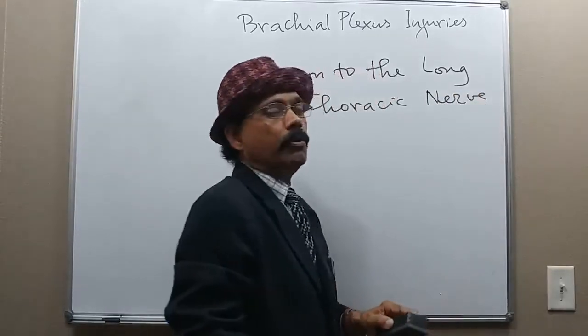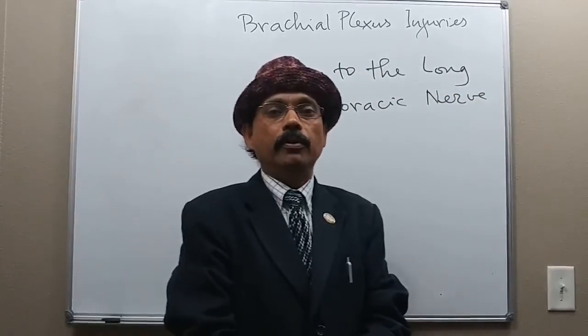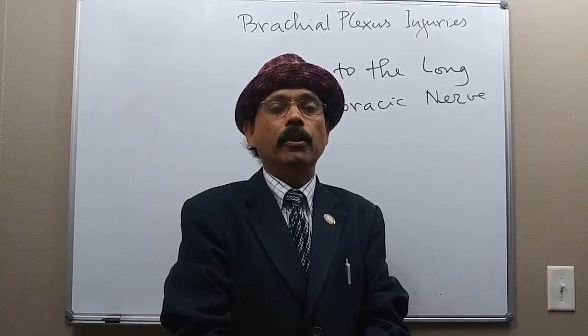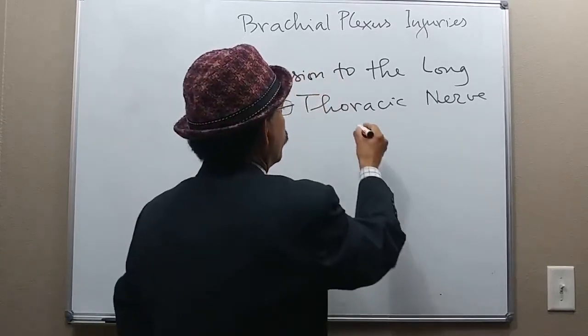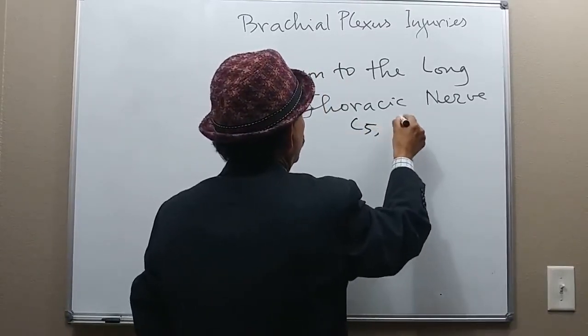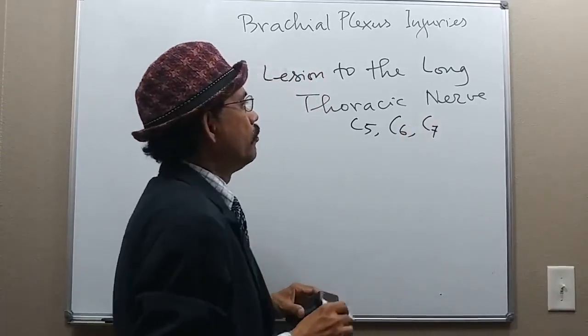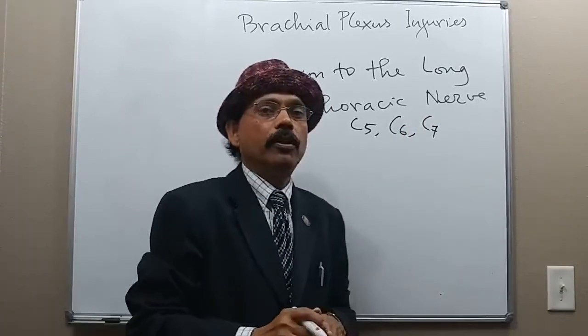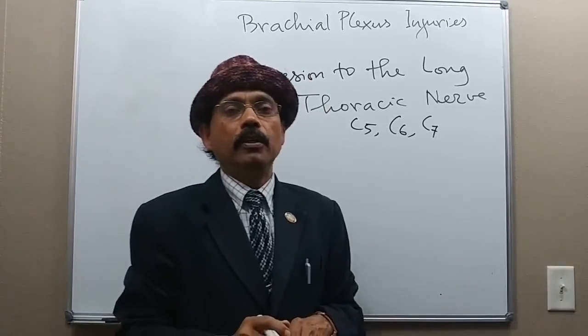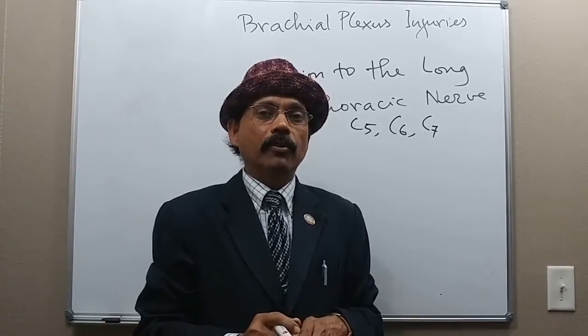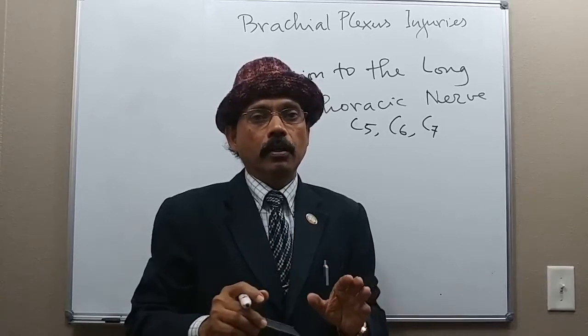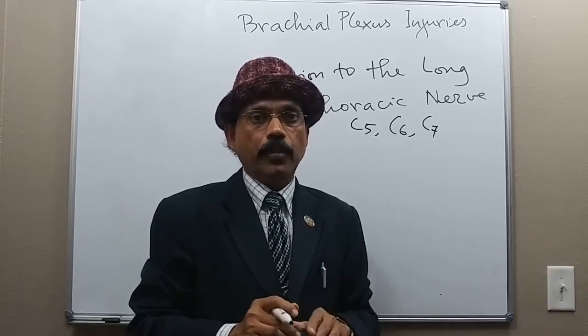It comes from the C5, C6, C7 roots of the brachial plexus. The long thoracic nerve innervates the serratus anterior muscle, which keeps the scapula connected to the back.